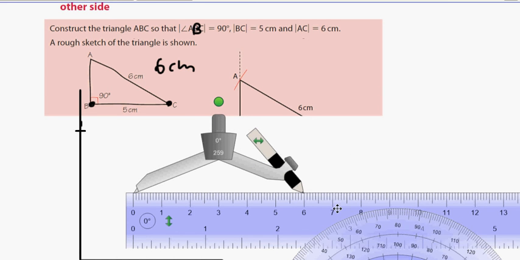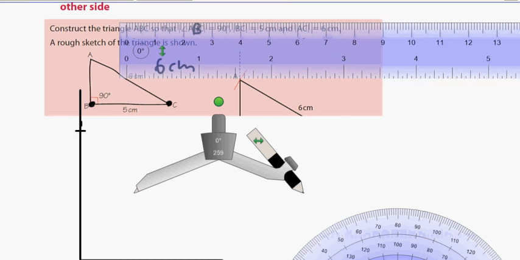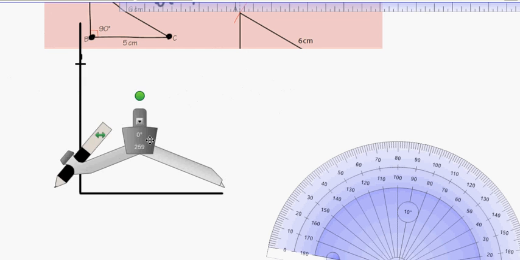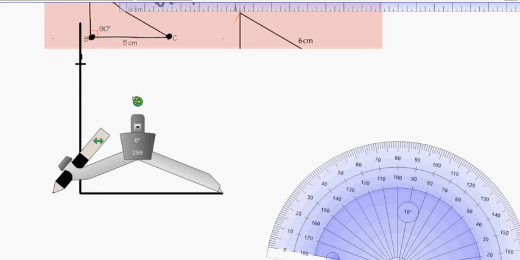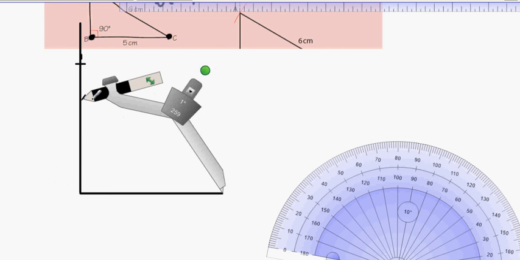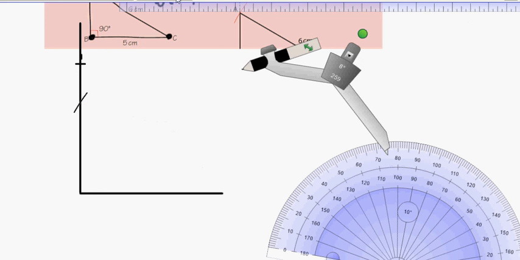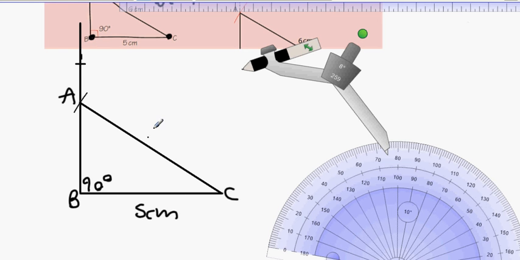What I can then do is go to the point C down here, and then I'm going to see where it intersects. It intersects there, and this means my triangle. Draw another line from here to here. So what we have is ABC, B, C, A, 90 degrees, 5 centimeters, and 6 centimeters respectively.